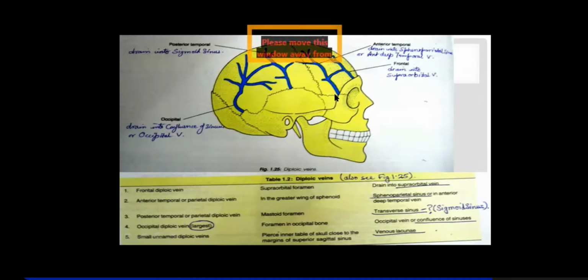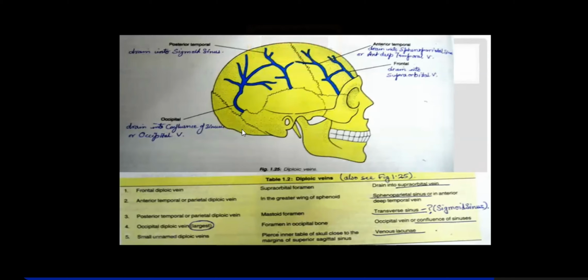Remember, there was a dural venous sinus on the lesser wing of the sphenoid. So this is draining into the sphenoparietal sinus or into the anterior deep temporal veins. While the posterior temporal will drain inside into the sigmoid sinuses, the occipital diploics will drain inside into the confluence of the sinuses, or sometimes into the occipital vein on the outside.